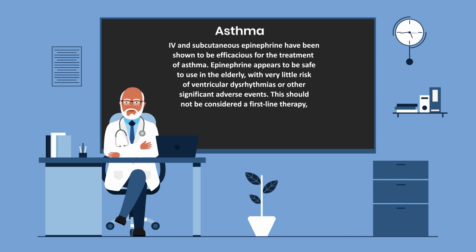Epinephrine appears to be safe to use in the elderly with very little risk of ventricular dysrhythmias or other significant adverse events. This should not be considered a first-line therapy. And of course, terbutaline should be a part of the treatment regimen if the person cannot tolerate epinephrine.